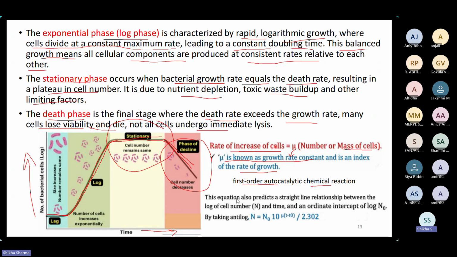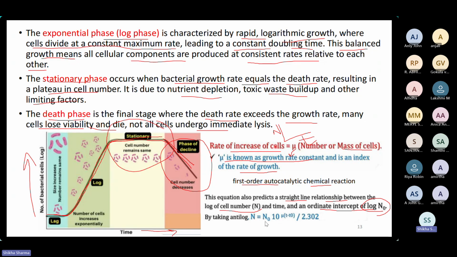This equation also predicts a straight line relationship between the log of the number of cells, N, with respect to time. If we plot the logarithm, it forms a straight line with an ordinate intercept of log N naught.